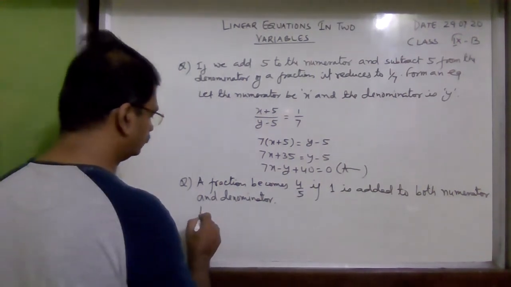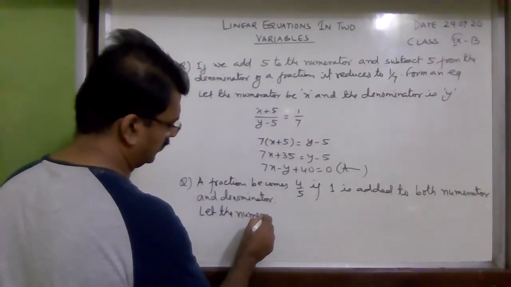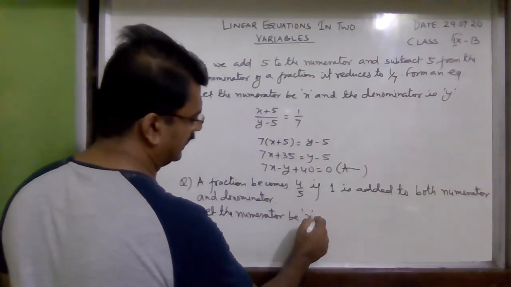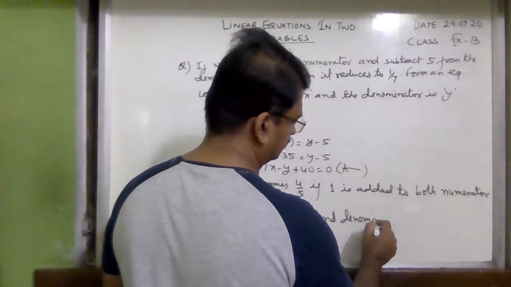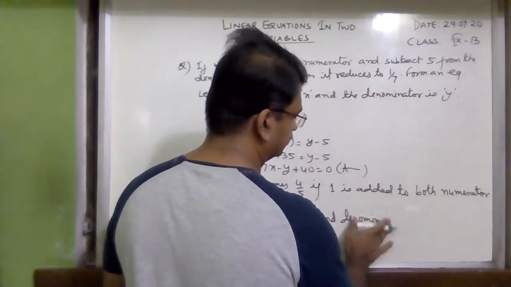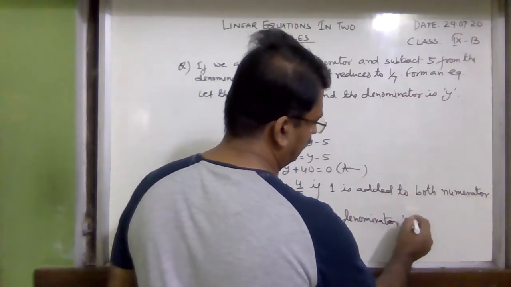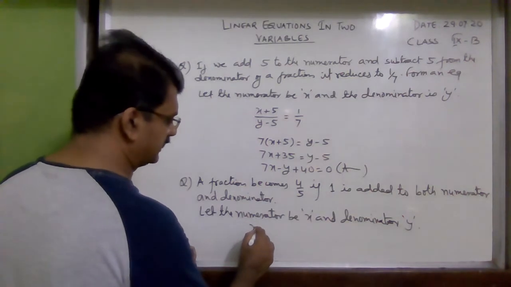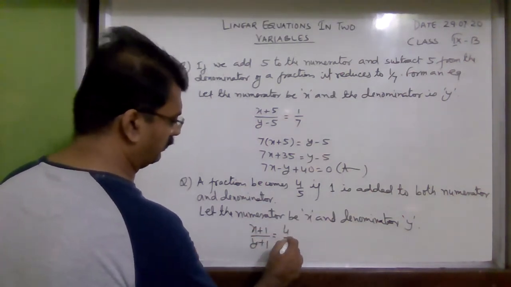Let the numerator be x and the denominator y. Now 1 is added to both numerator and denominator, means x plus 1 upon y plus 1 is equal to 4 upon 5.